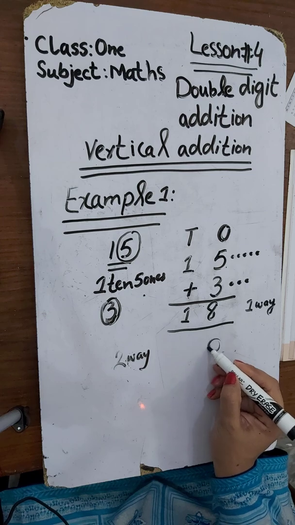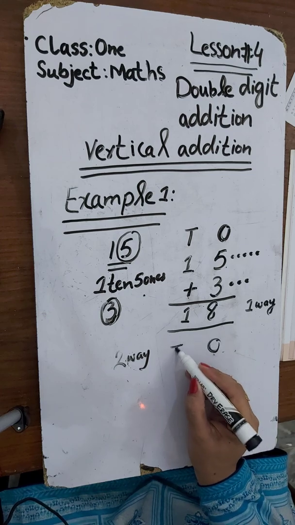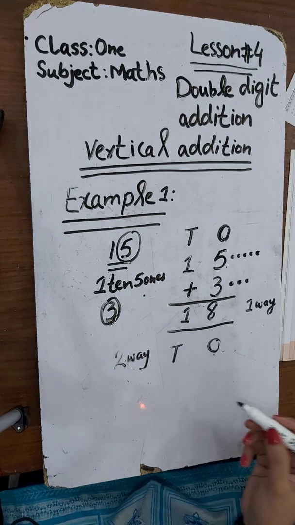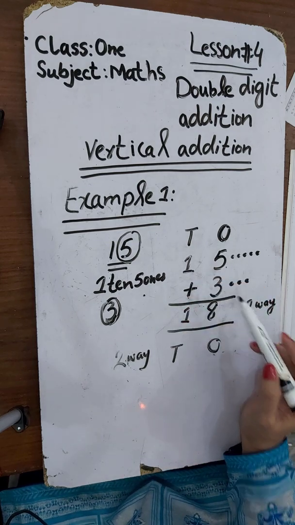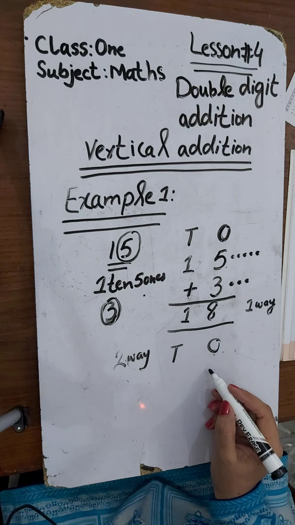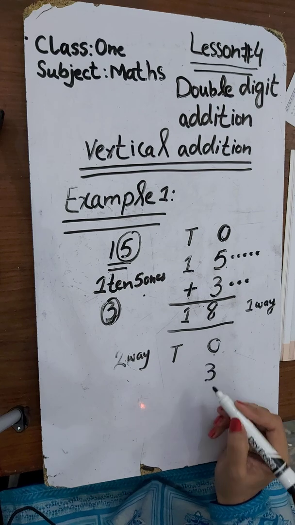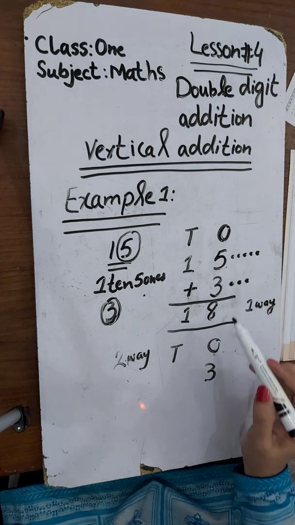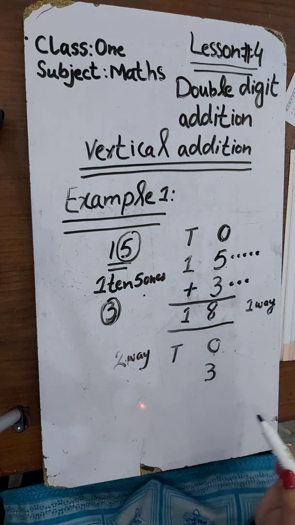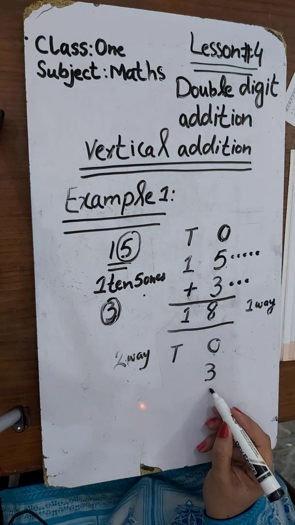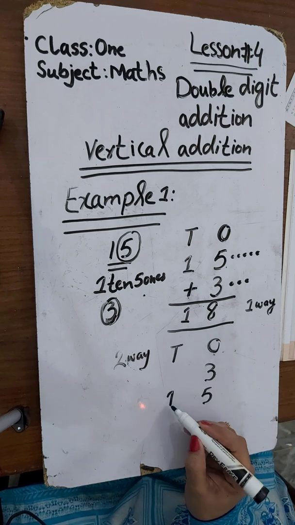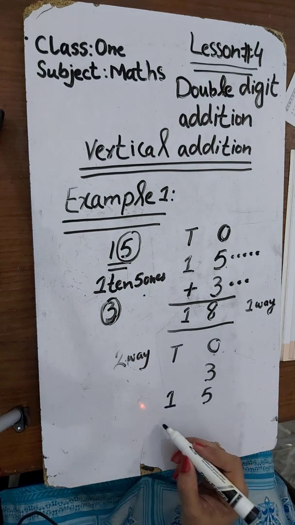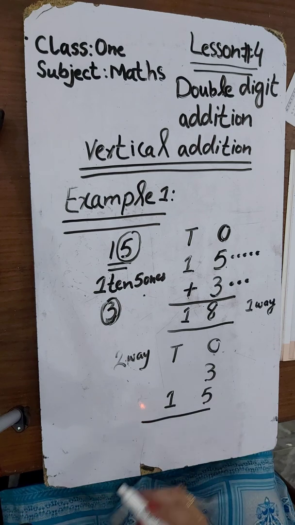Again, first write ones and tens. This one is very important. I will write the ones first, and after this we will write the double digit number. In 15, first I will write 5 ones and 1 ten. Now you will add it.